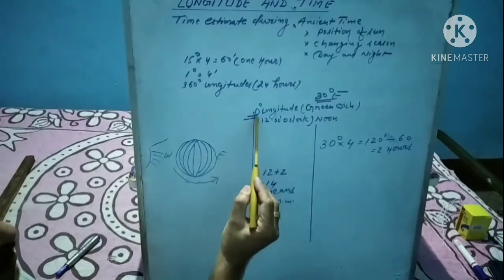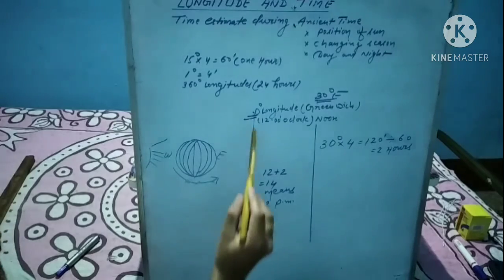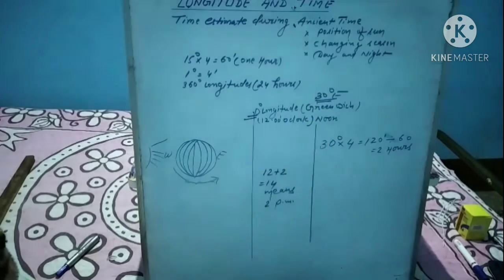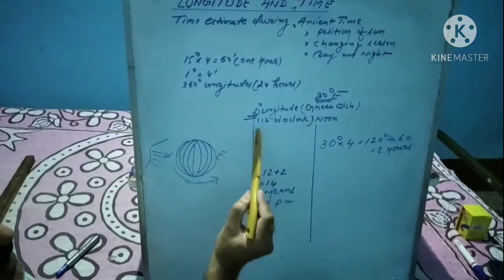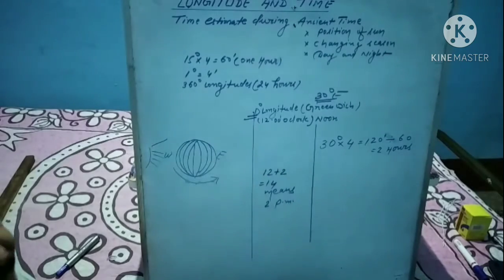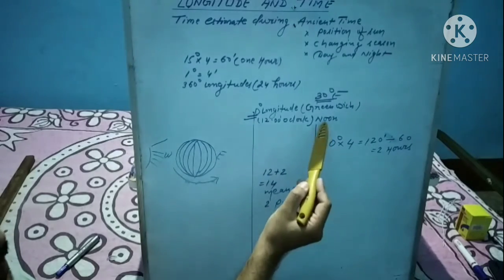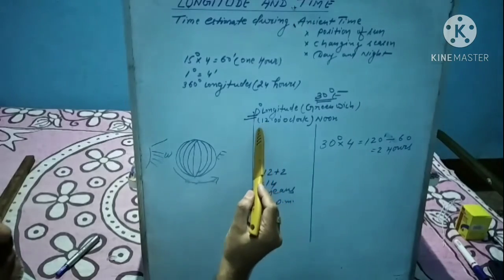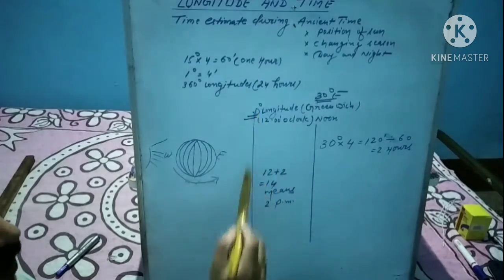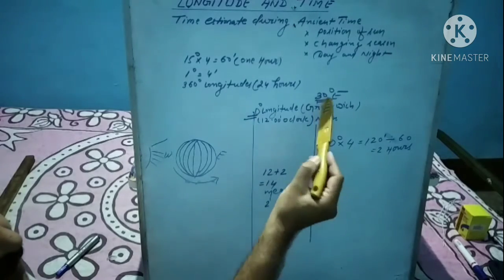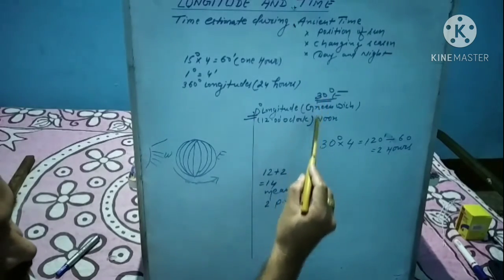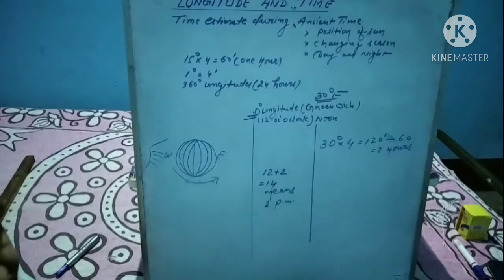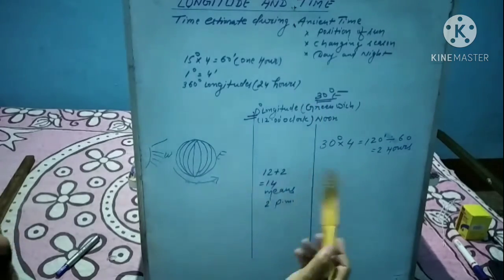Suppose on 0 degree longitude, which passes through Greenwich in London, time is 12 o'clock. It means noon time, 12 p.m. on the 0 degree longitude. What time becomes on the 30 degree east longitude? What time happened here?